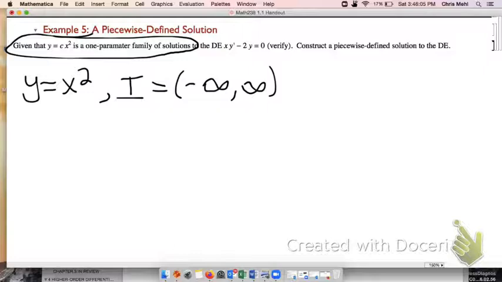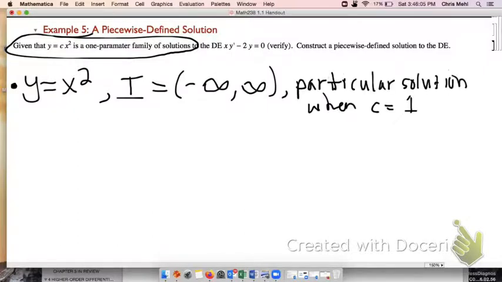That's a particular solution with c equaling positive 1.